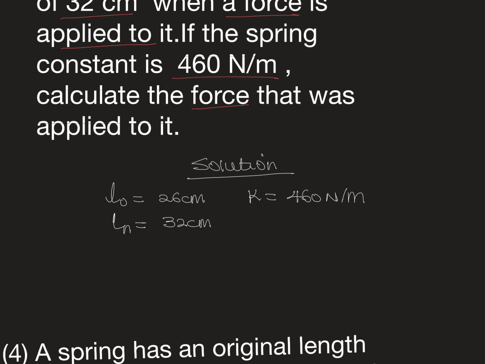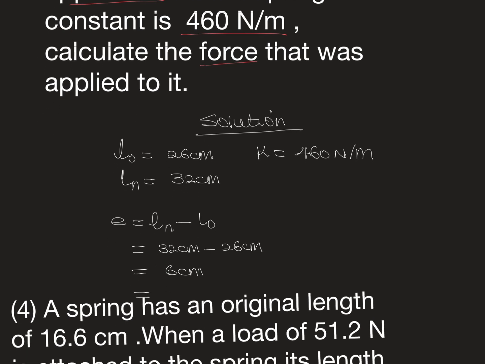Now, if I use the formula extension is equal to new length minus original length, I will have 32 centimeters minus 26 centimeters, and that will be 6 centimeters. If I convert that to meters, by dividing it by 100, it means the extension is 0.06 meters.